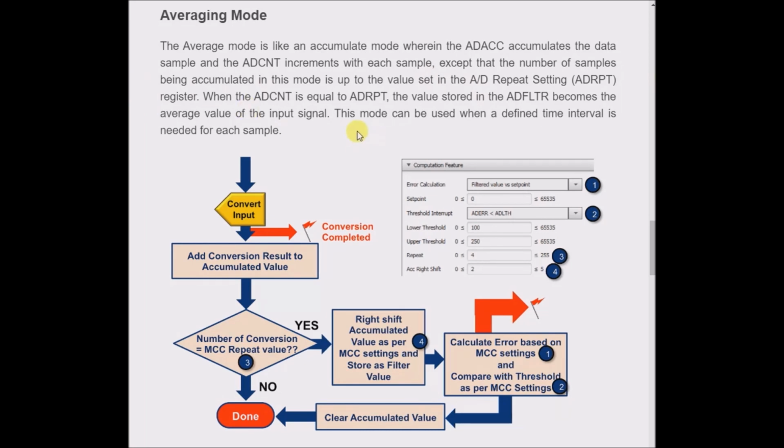When the ADCNT is equal to ADRPT, the value stored in the ADFLTR becomes the average value of the input signal. This mode can be used when a defined time interval is needed for each sample.